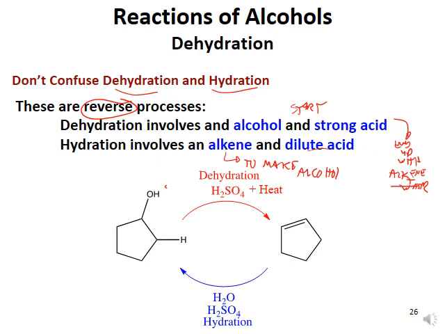So the alcohol gets dehydrated by heating, adding a lot of acid, and you make the double bond plus water. And here, if we go the opposite direction, we add water to this double bond, we'll make the alcohol.